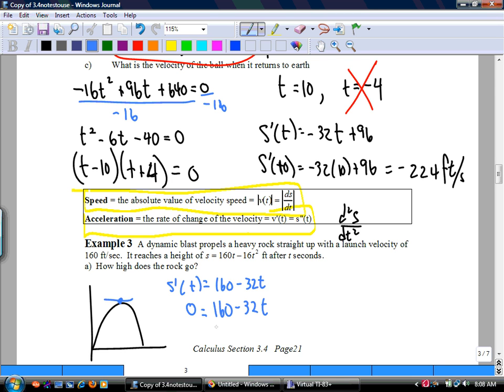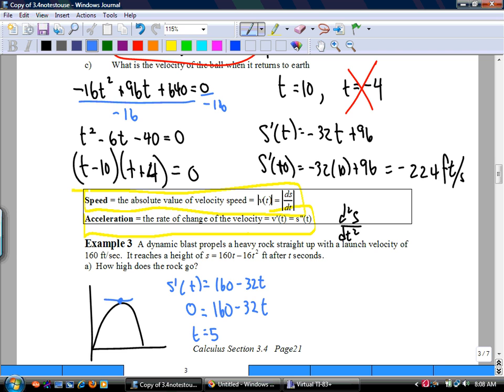What does t equal? t equals 5. I took the derivative. So at t equals 5 seconds, the rock is at its highest point.